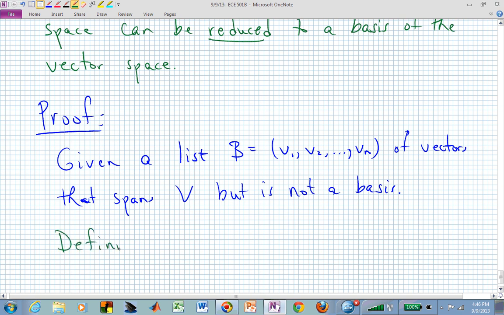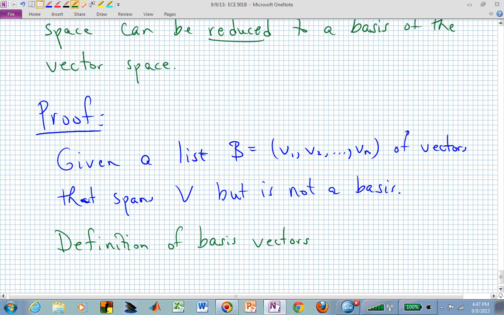What's the definition of our basis telling us? If I say I'll give you a bunch of vectors in this set, and it spans your entire vector space, but it's not a basis, then what do you know has to be happening in that set of vectors? You must have some dependency among those vectors, right?